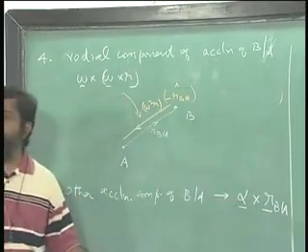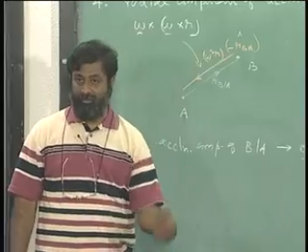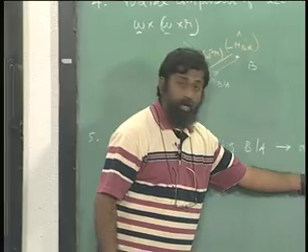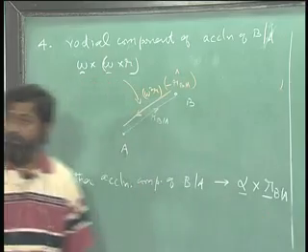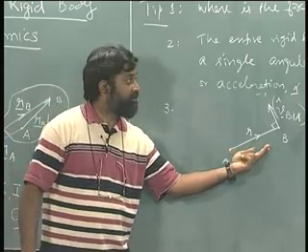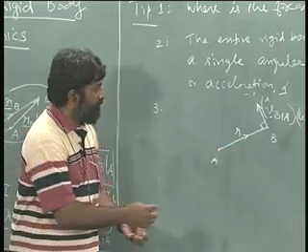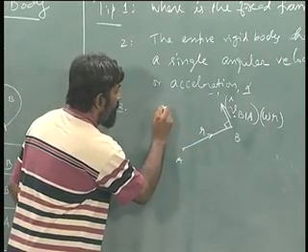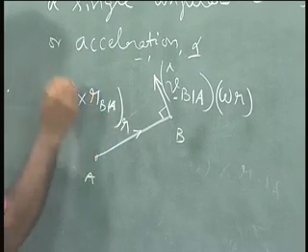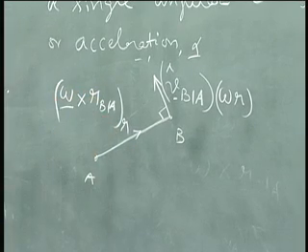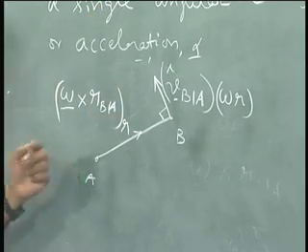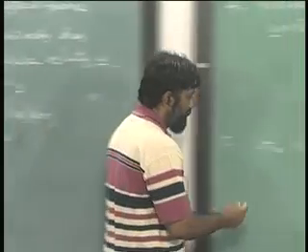The direction of alpha is the same as the direction of omega, which is the k direction, and this is RB with respect to A. We did this exercise earlier. This is nothing but alpha cross RB with respect to A, and the direction is anticlockwise pivoted over A, and therefore, this is very simple.